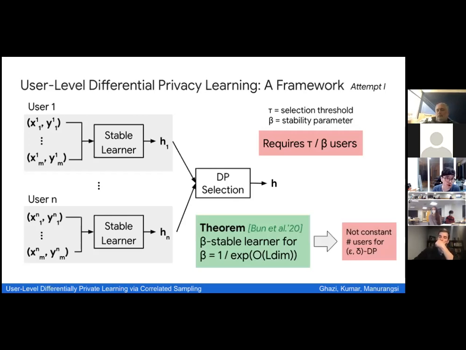And this is not what we promised, because we want the number of users to be log 1 over delta over epsilon, regardless of the class. So this is the first attempt at translating directly what is known from the item level setting to the user level setting. It kind of works, but it doesn't give exactly the result that we want yet.